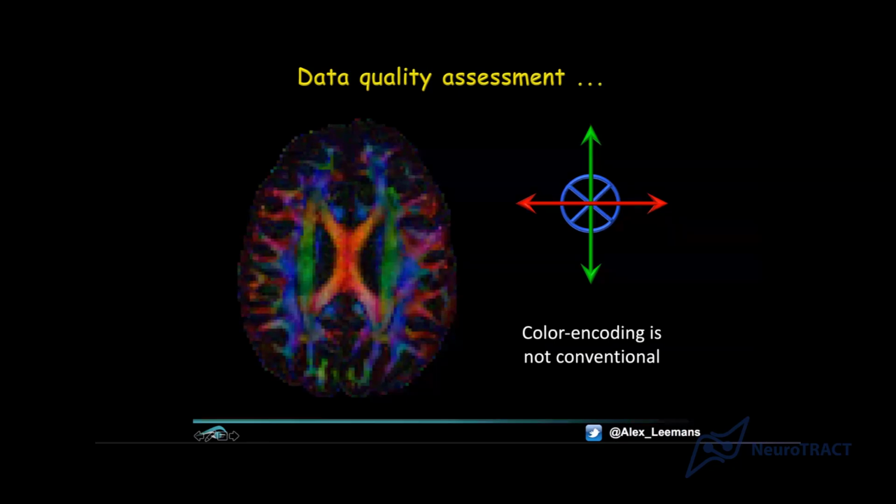But if you look at this region in the centrum semiovale, the green, in that location, these should be projection pathways going up-down. And if you go a bit more lateral here, you see blue, in an area where you've got the arcuate fasciculus or the SLF, the superior longitudinal fasciculus. So green and blue are actually interchanged.